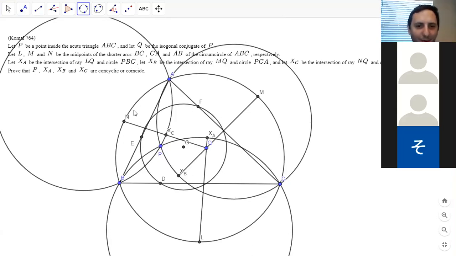Yeah, this problem's scary for me. I don't know too much about isogonal conjugates. It could be an angle chase. Is there some other point that lies on the circle? That's some special point.